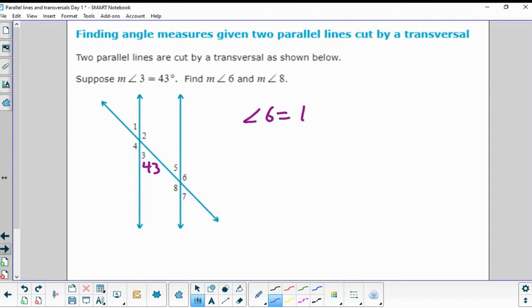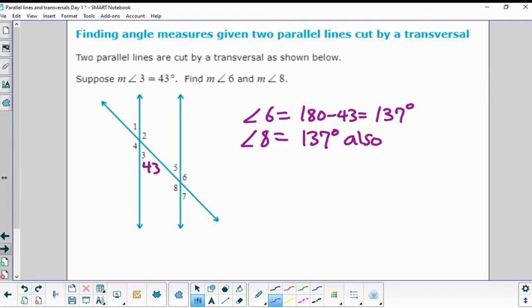Angle 6 is going to equal 180 degrees minus 43, because angle 6 corresponds to angle 7, and angle 3 and angle 7 are the same value. So we subtract 180 minus 43 to get 137 degrees for angle 6 and angle 8.